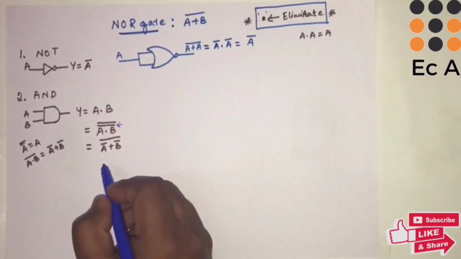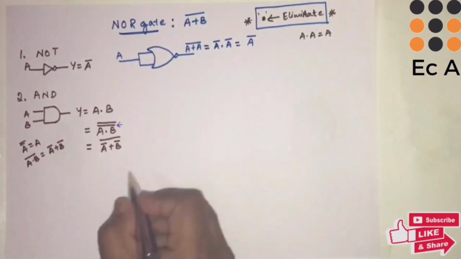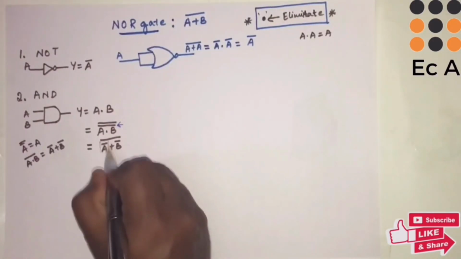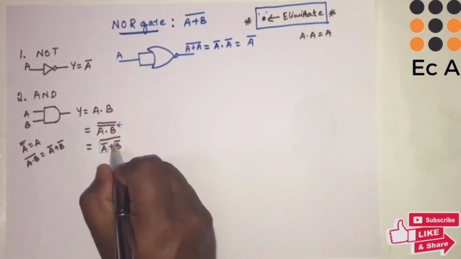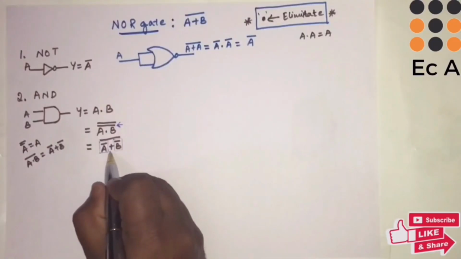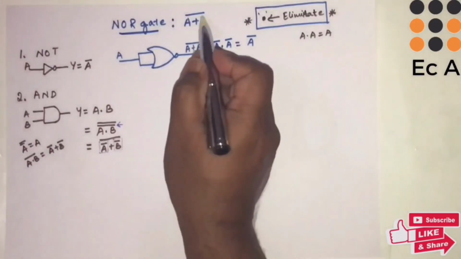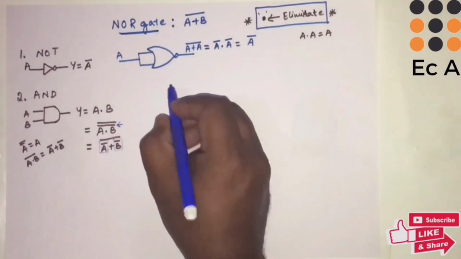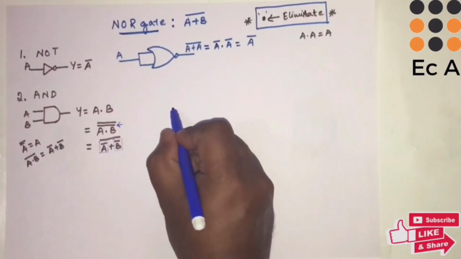Now it is easy for us to implement this expression. So we can implement A bar first and we can take that as one term, and we can implement B bar and we can take that as another term. So first term plus second term whole bar is nothing but NOR operation. So first let us implement A bar using NOT gate.